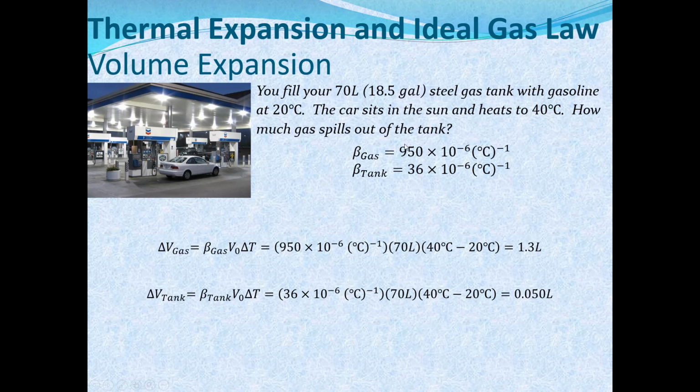We can tell from these numbers the gas is going to expand a lot more than the tank. So the difference in these volumes is going to result in the excess gas spilling out. So of the 70 liters that you filled in, a little bit over 1 liter is going to end up spilling out of it.